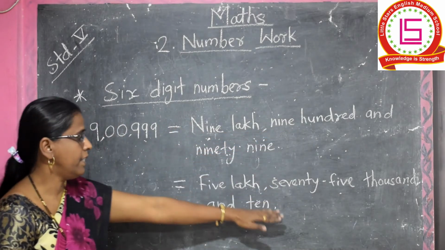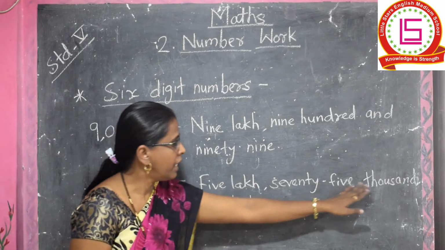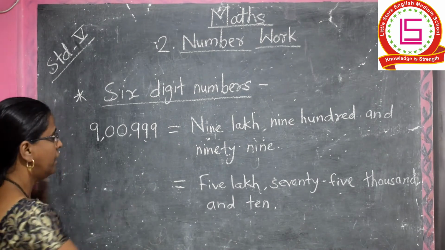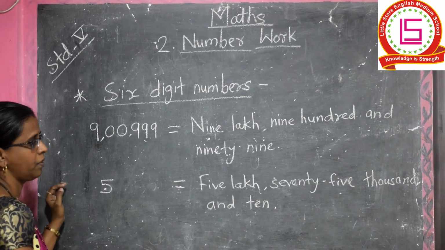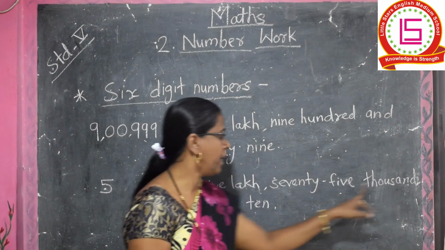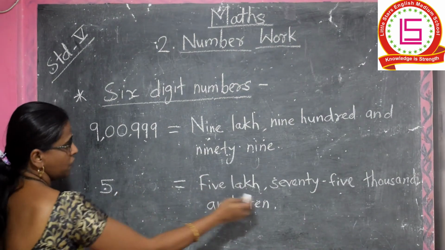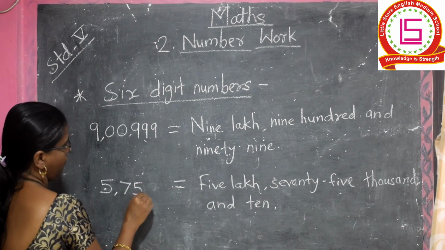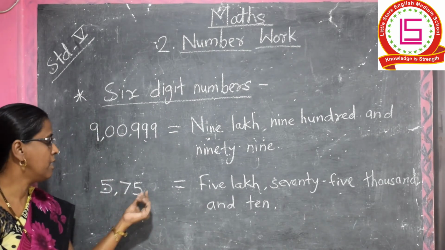Okay, then see the second example: 5,75,010. How to write this number in figures? See, first we write 5 lakh, then 75,000. After the lakh place, the 10,000 place is coming, so we write 75,000. Then see here, after the 1,000 place, the 100 place.